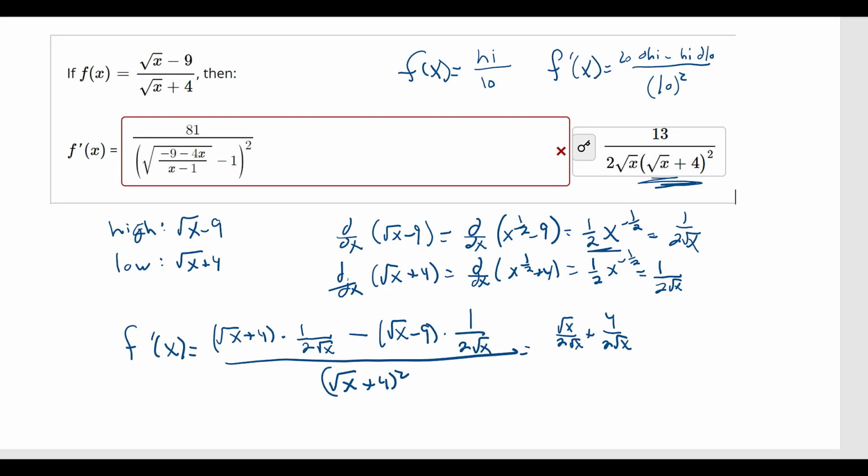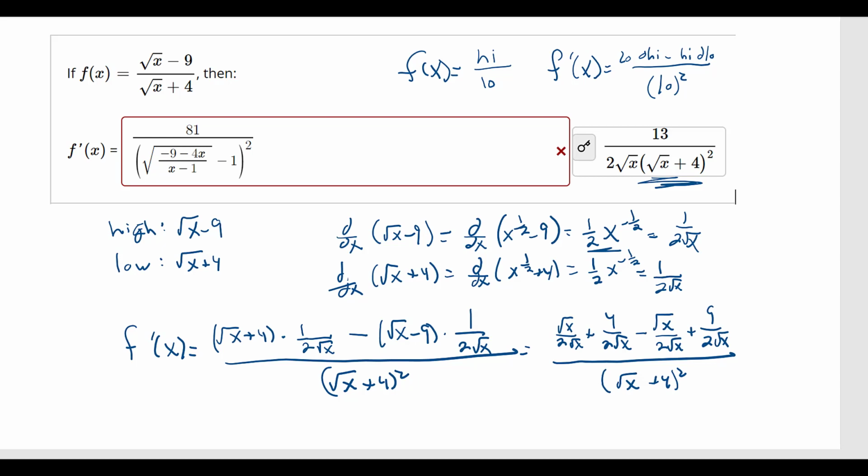And trust me, I'd like to reduce that, but I can kind of see what's coming, and we need to have a common denominator. Minus, from here, square root of x over 2 times the square root of x. And then we have minus the negative is plus 9 over 2 times the square root of x. And that's all over the denominator of square root of x plus 4 squared.